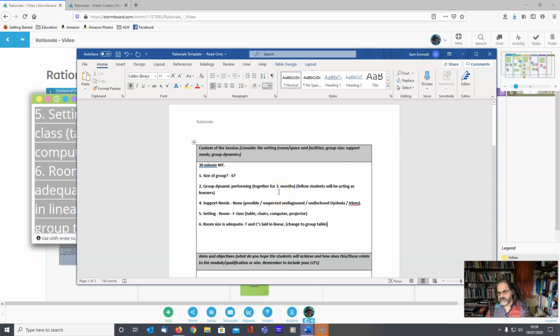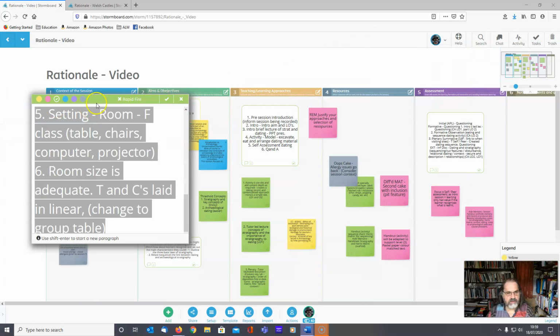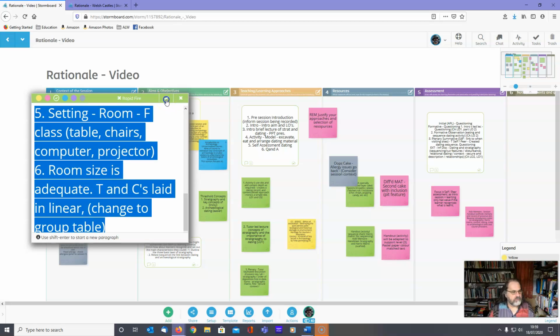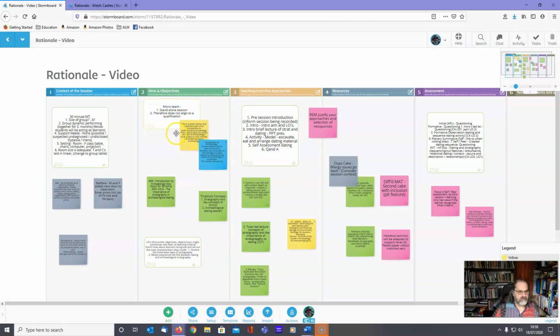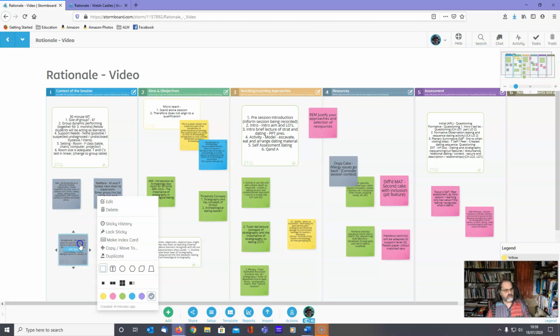I can just cut and paste it into my rationale. Now, personally, I'm quite happy with bullet pointed rationales. Do check with your tutors whether or not they like that. Sometimes in institutions you might have to write it out into paragraphs, etc. And then I would copy the next 3 bits of content over.